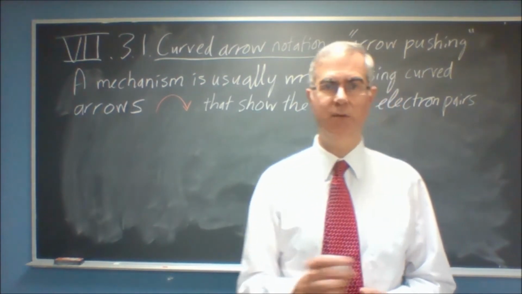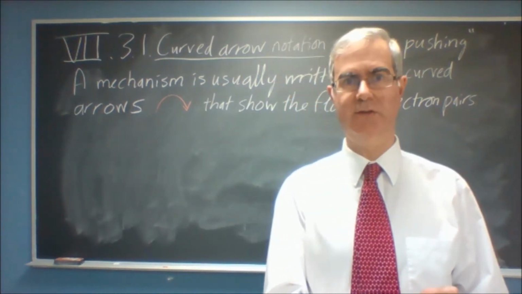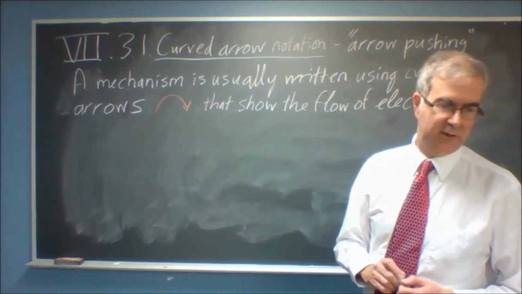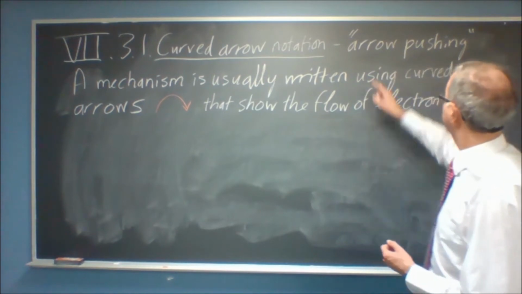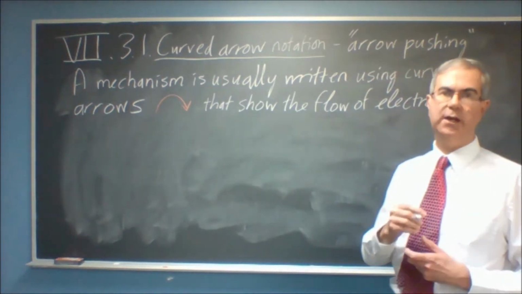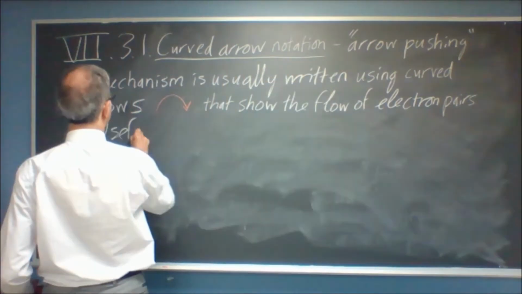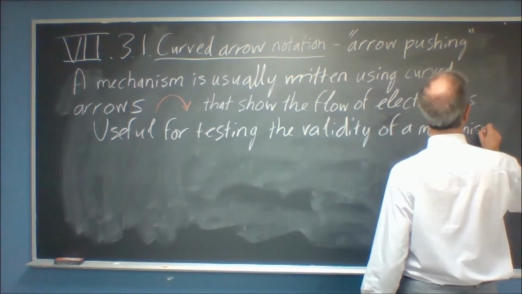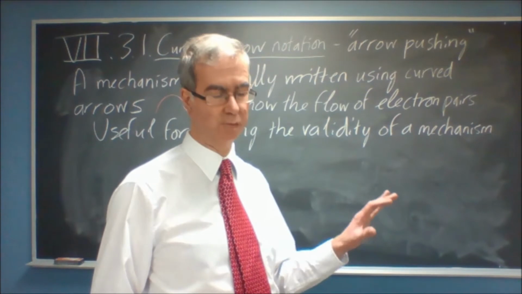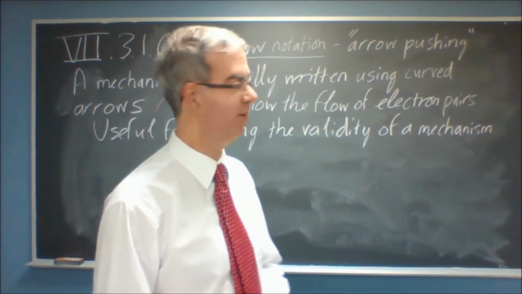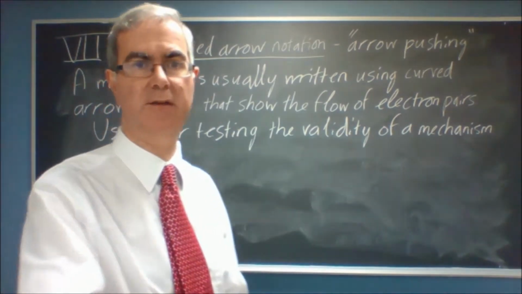Or if you're going to end up with too many electrons or too few electrons, that will become very obvious once you start doing this arrow pushing, as it's called, or sometimes pushing electrons. So there are various rules for how you should do this, and I'll cover those next.